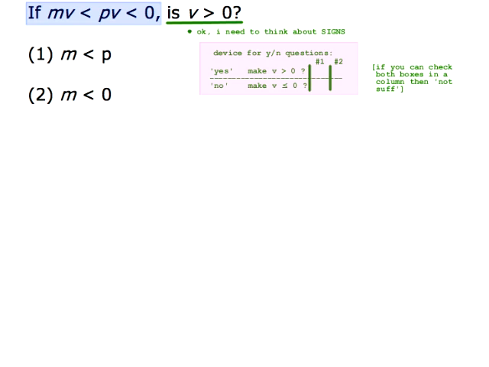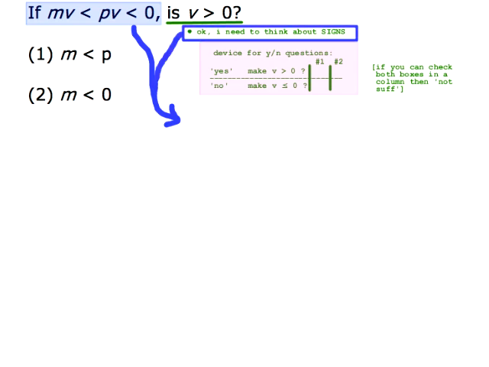Okay, so, what can we do with this thing? Remember that you should be thinking about signs. So let's merge those 2. Aha, right?